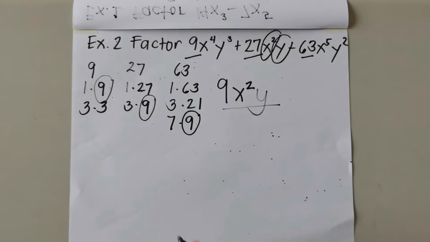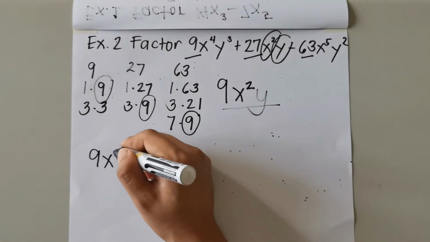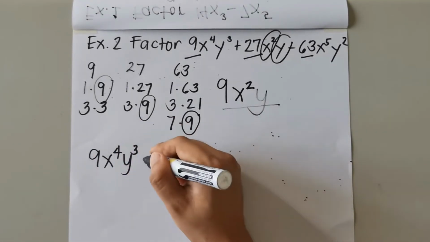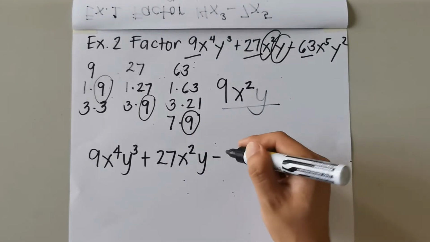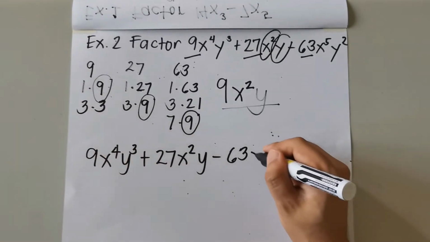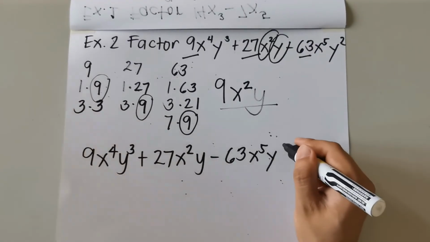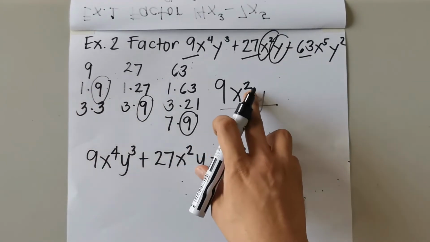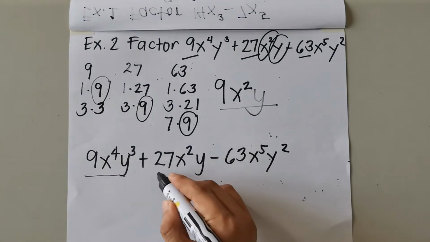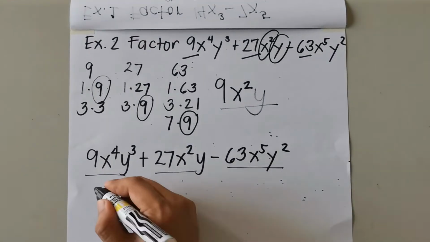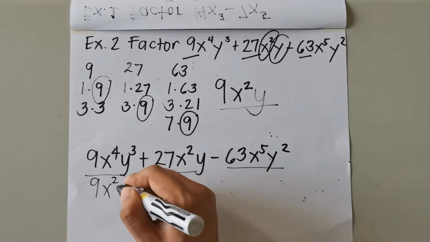Again, just copy the given polynomial. And then after copying, you will have to divide using the common monomial factor, which is 9x squared y that we get earlier. So divide each term by 9x squared y.